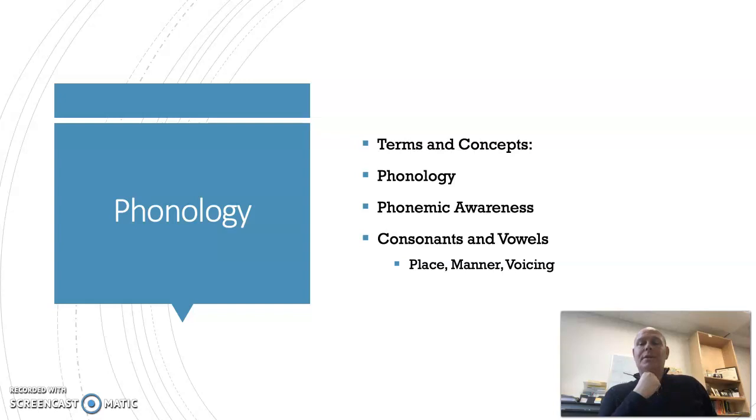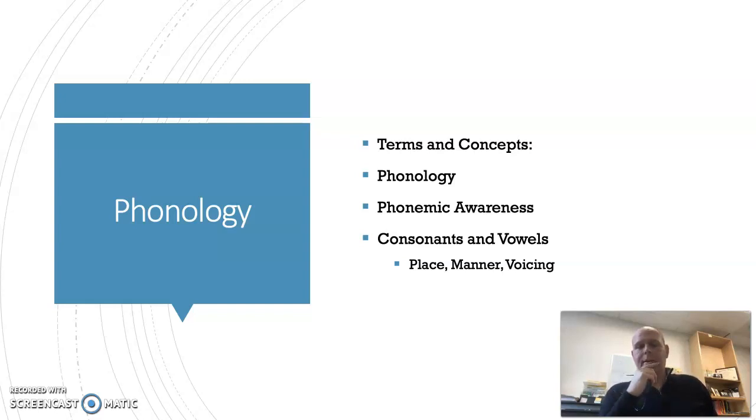So the articulation of place has to do with where the sound is produced in the vocal tract. So there are sounds that are produced in the back of the throat, and that's a guttural sound. A lot of languages, like Hebrew, for example, or Dutch, have a lot of guttural sounds.